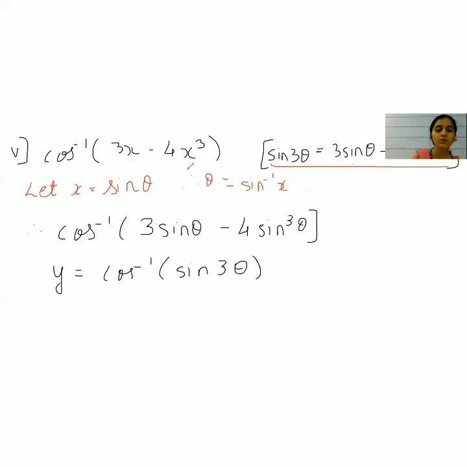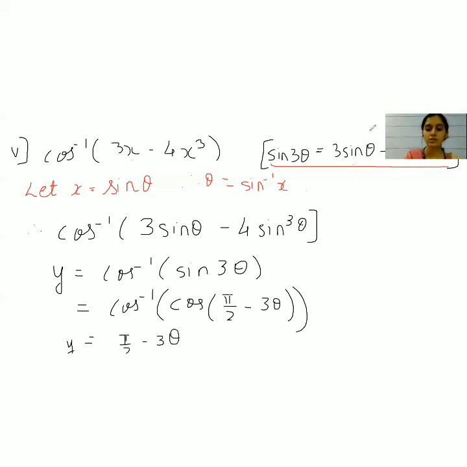What we can observe here is they are opposite ratios. So we are going to write the complement of the inner angle, that is cos of pi by 2 minus 3 theta. Okay, so we are going to get y equal to pi by 2 minus 3 theta. Let us substitute theta. It is sine inverse of x, right?